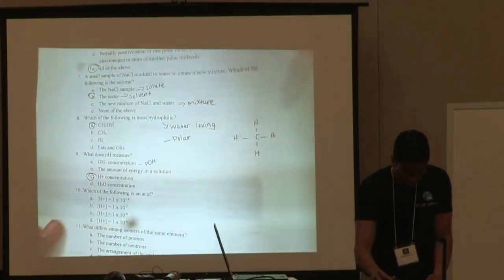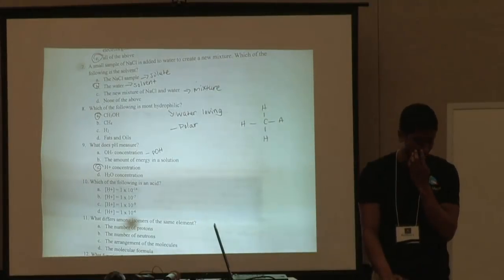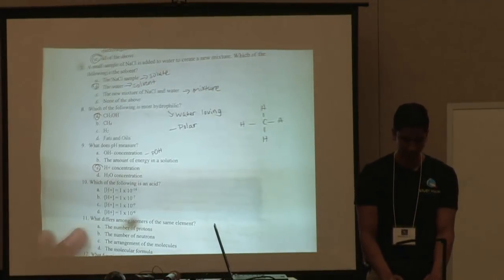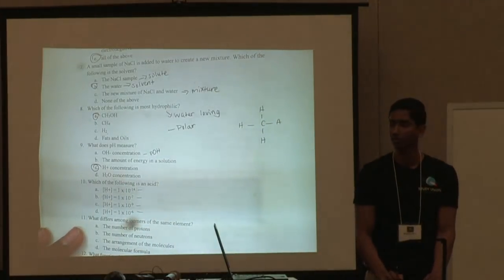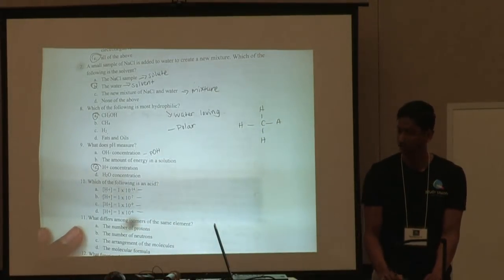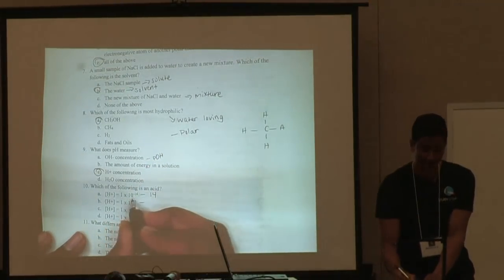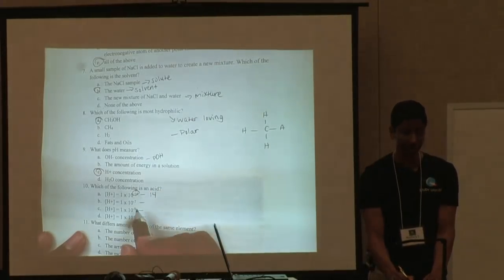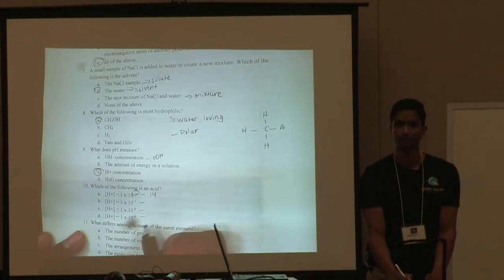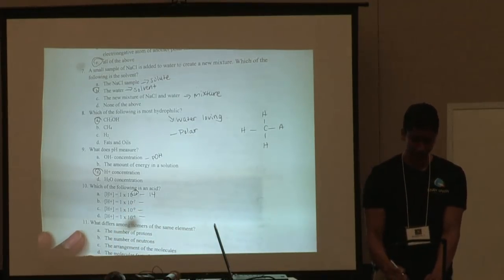All right, so now we're dealing with the concentration of H+. So which one of these is an acid? Let's find the pH of all these. What's the pH of the first one? 14, right? Remember, if it's just 1 times something, it's always just the absolute value of that exponent. So what's B? 7.